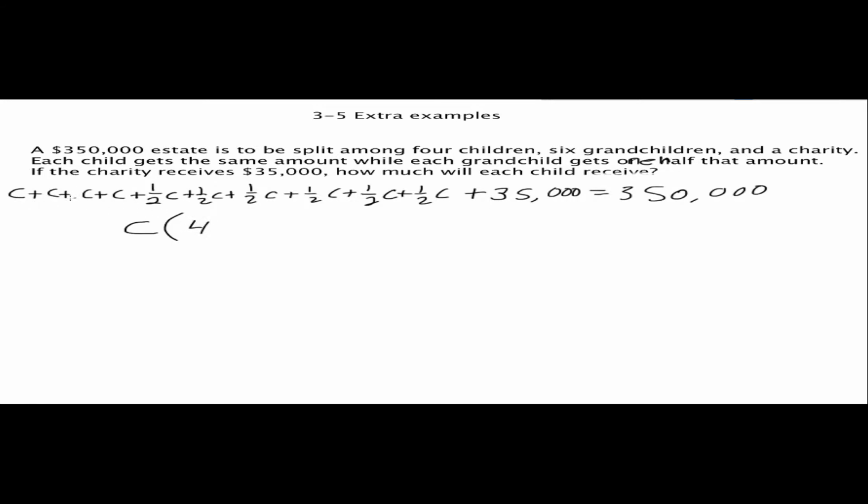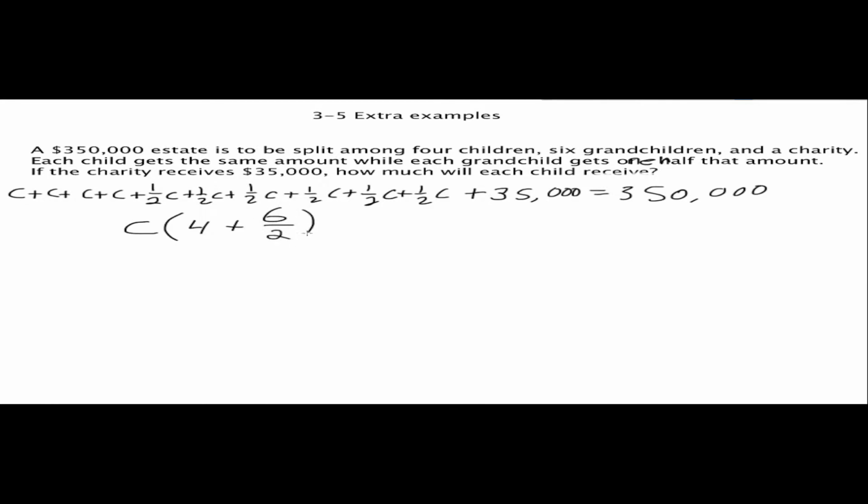So C times that would be 4C. Plus C times 1, 2, 3, 4, 5, 6 halves. And 6 halves is pretty easy, right? That's 3.